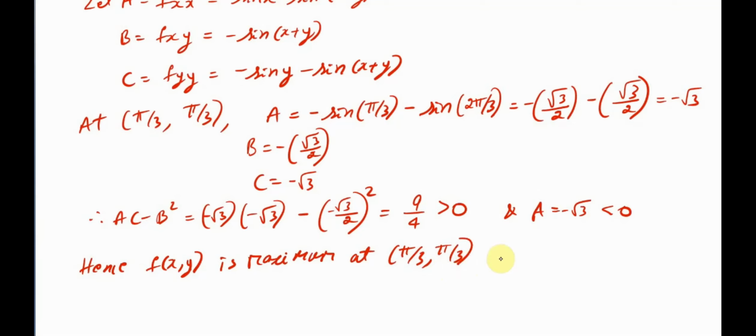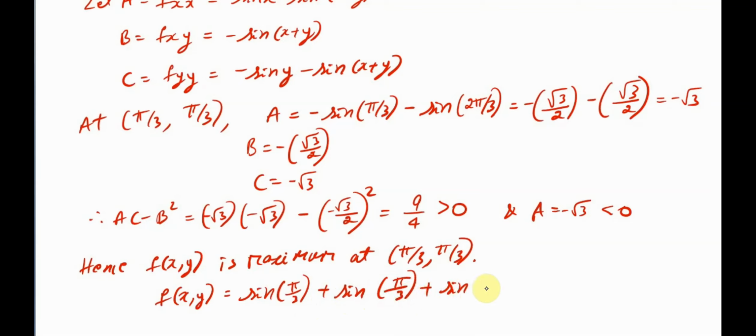Therefore you can find the maximum value, substitute it in the function. So you know the function f of x comma y, which is equal to sine pi by 3 plus sine pi by 3 plus sine, yes it is 2 pi by 3. So I will add pi by 3 plus pi by 3, it will become 2 pi by 3, which is equal to root 3 upon 2 plus root 3 upon 2.